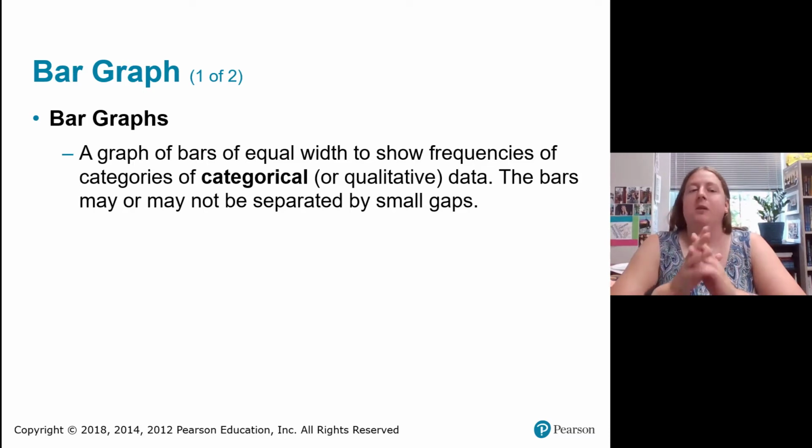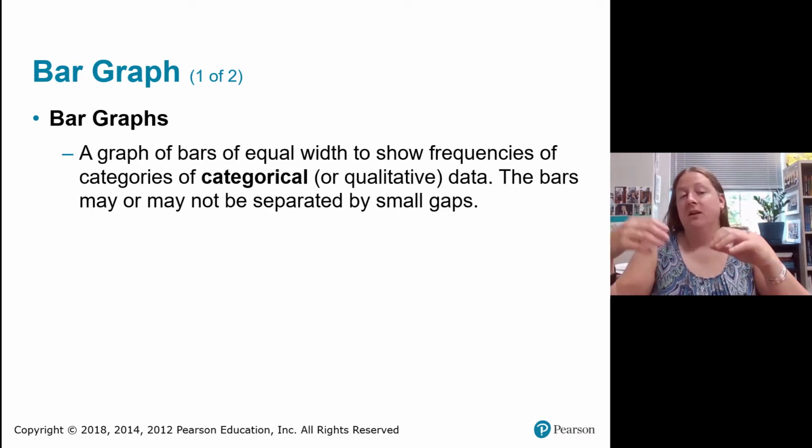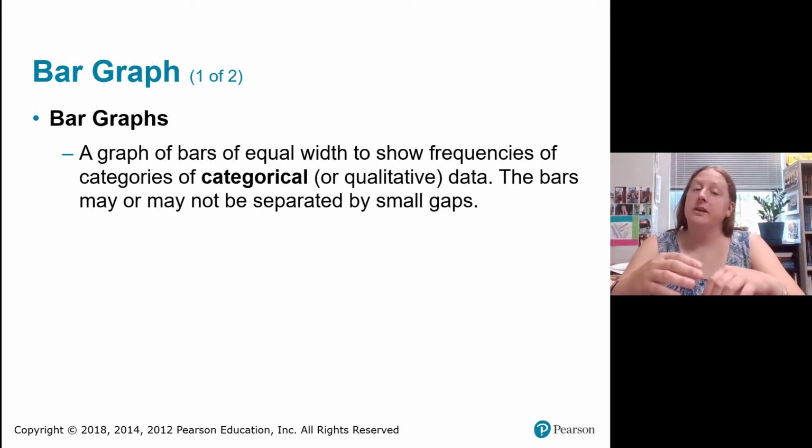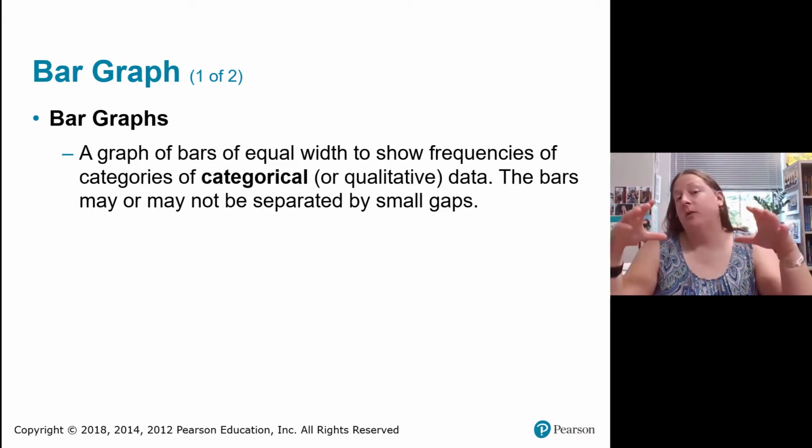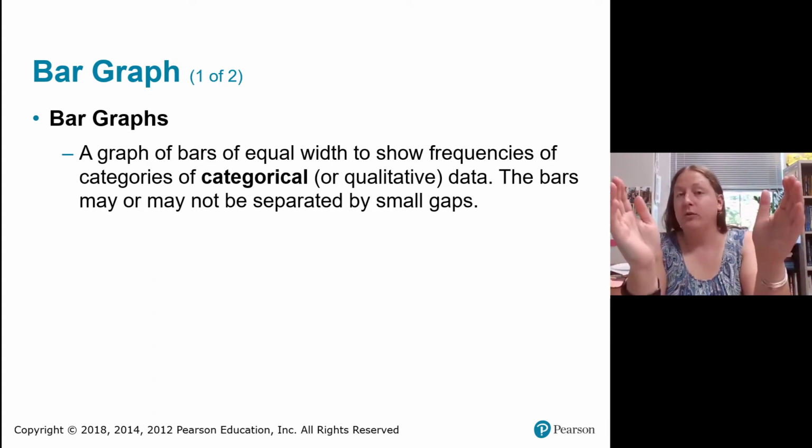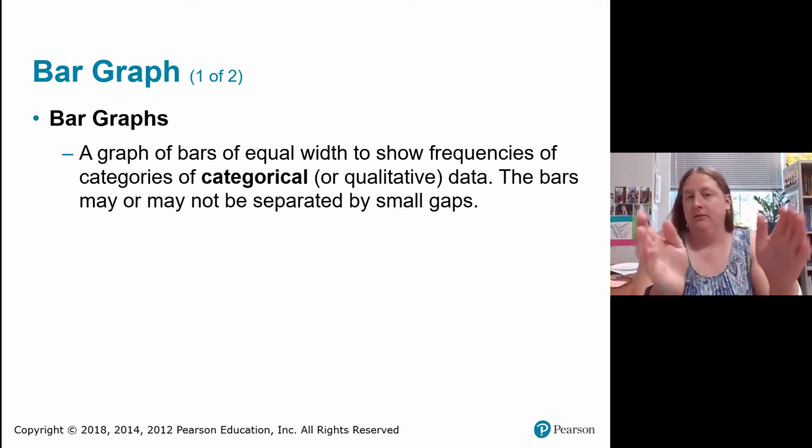Yet another type, a bar graph. A bar graph can look a lot like a histogram. However, a bar graph is used to show frequency of categories or categorical qualitative data. Histograms are showing frequencies of quantitative data. So histograms create these classes for the quantitative data to fall within.